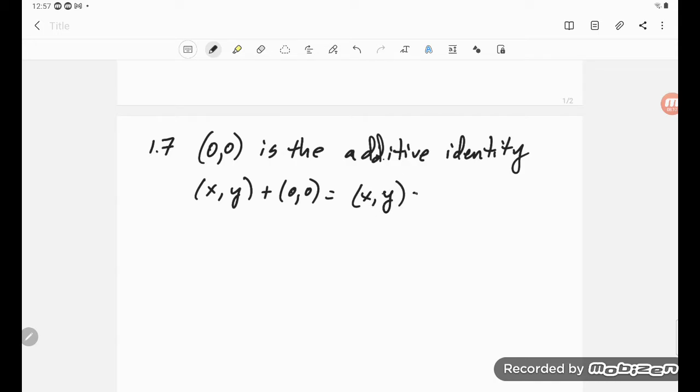And of course, I could do that as 0, 0 plus xy because we know addition commutes.